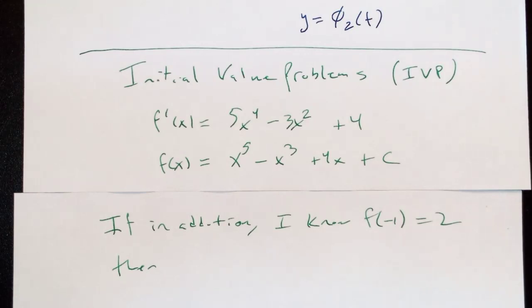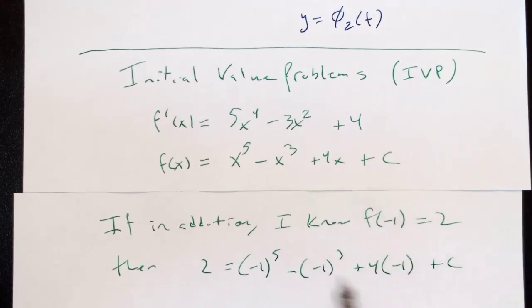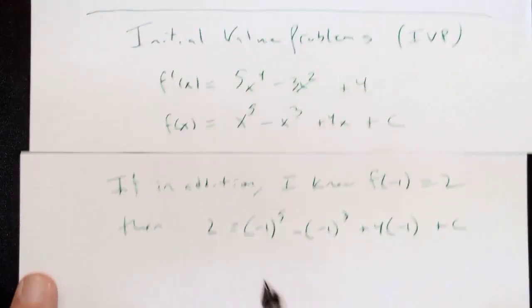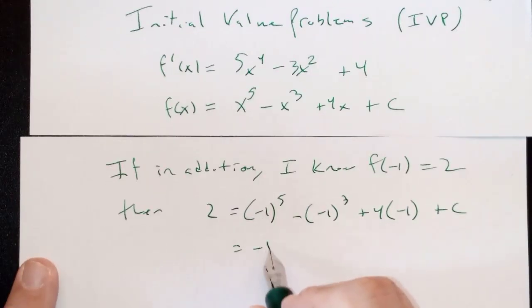I got something else. A negative to an odd power is negative.